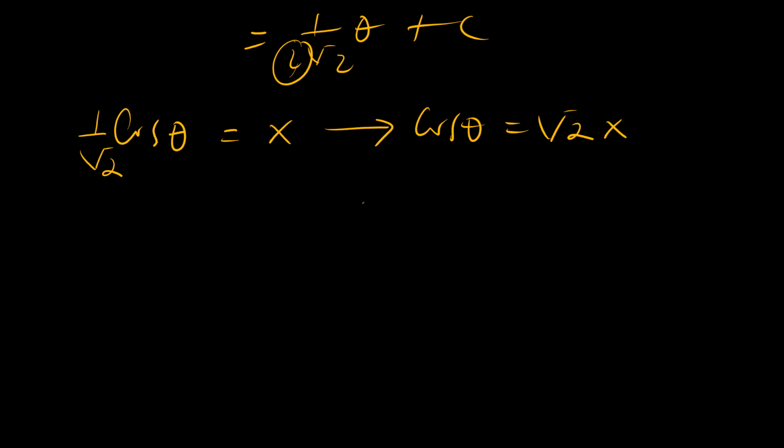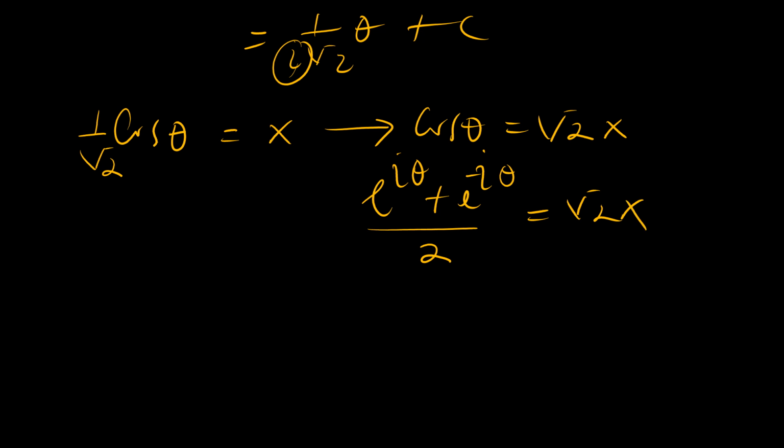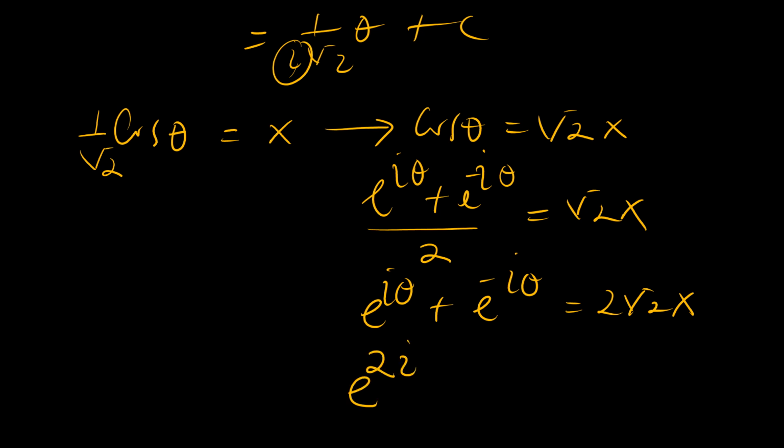And from Euler's expression, e to the i theta plus e to the minus i theta over 2, which means that is equal to 2 root 2 x. And multiplying across, we have e to the 2i theta plus 1 is equal to 2 root 2 x e to the i theta.